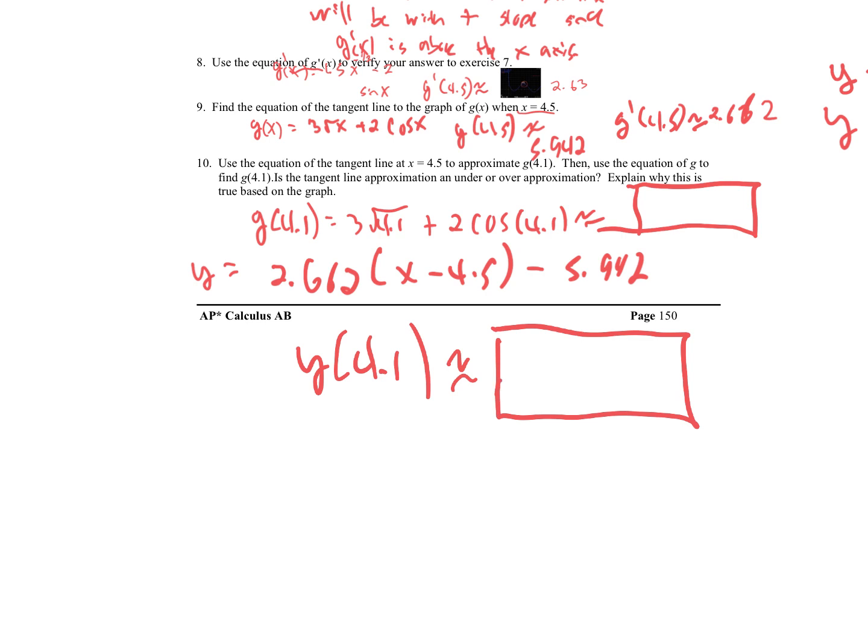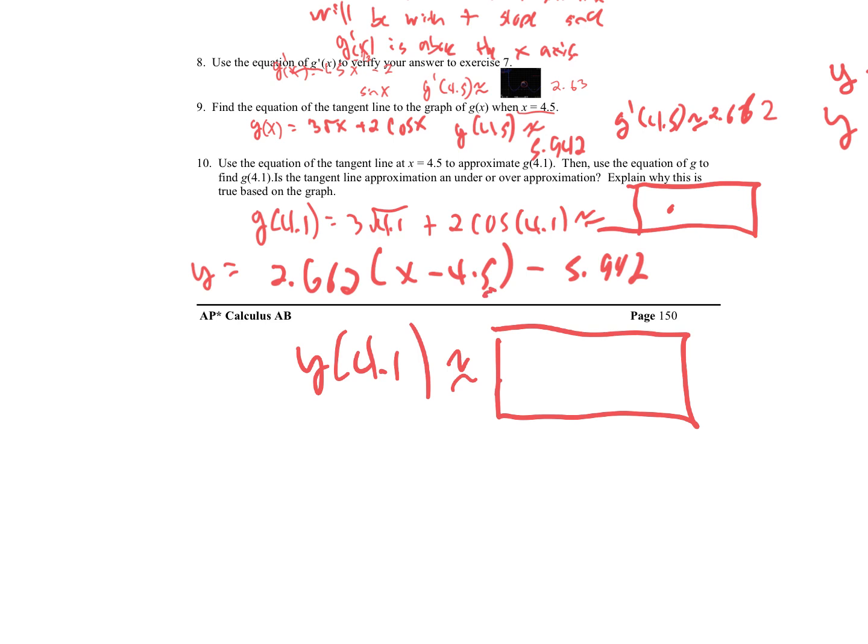Since I have both equations in my calculator with y1 and y2, I can just plug in 4.1 to my g, and I'll have that answer. And then I don't have this equation with the tangent line, so I'll have to put that in my calculator.